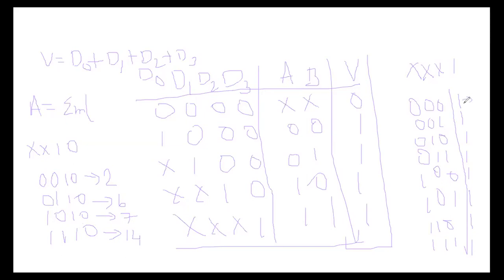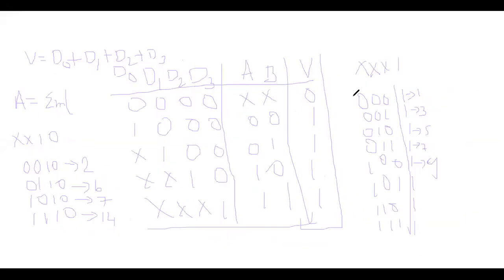And this value is 1, and this value is a 3, and this value is a 5, and this value is a 7. Okay, my dear students, and this value is a 9, and this value is 11, and this value is a 13, and the 15. So now these are the minterms for the A.